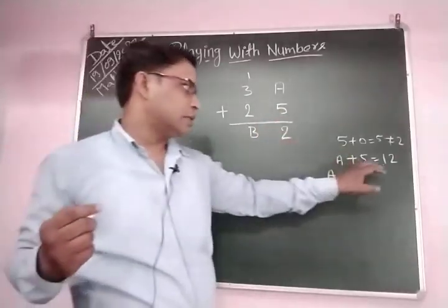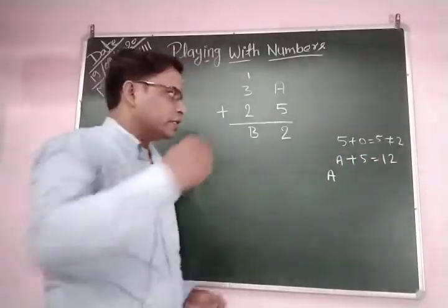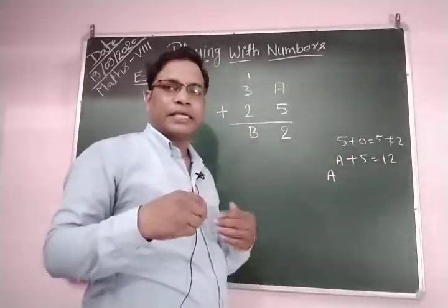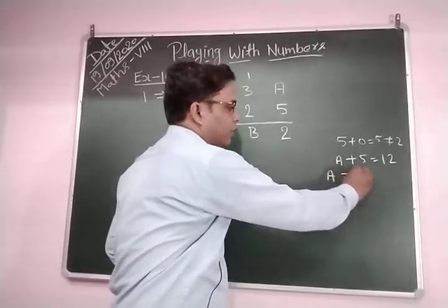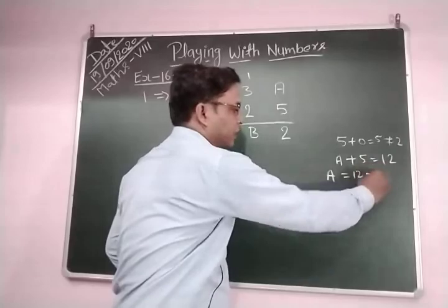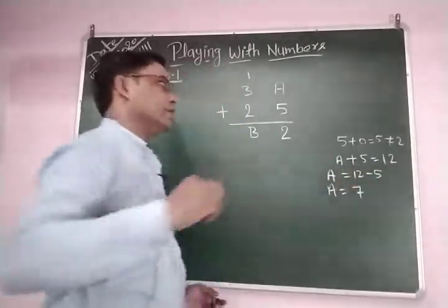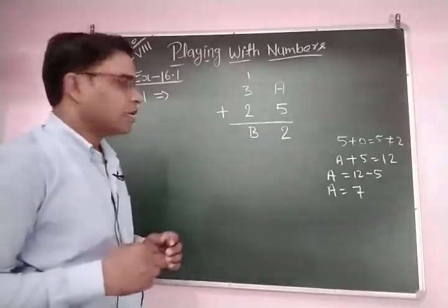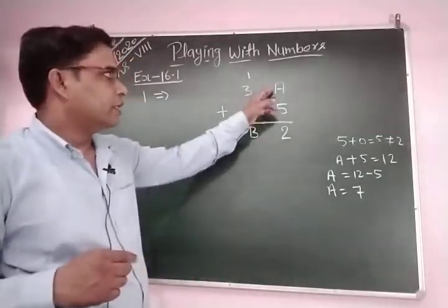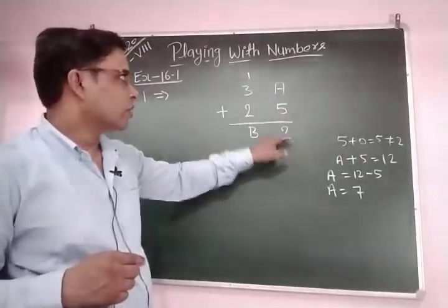So suppose a plus 5 is equal to 12. If you transpose 5 to the right hand side, then a is equal to 12 minus 5, or you can say a is equal to 7. If you replace a by 7, then 7 plus 5 is equal to 12, so we write 2 and carry 1.